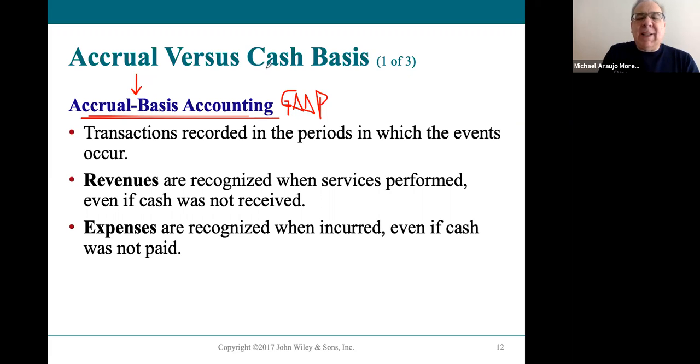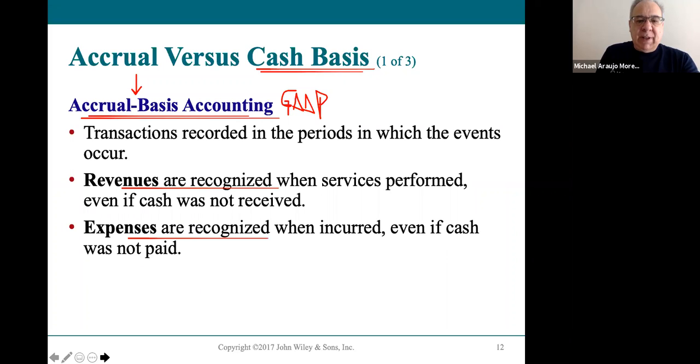That doesn't affect other businesses, because other businesses are not public corporations. So other businesses do not have to do their accounting based on the accrual basis. And again, the accrual basis is following the rules of GAAP, like revenue recognition and expense recognition.